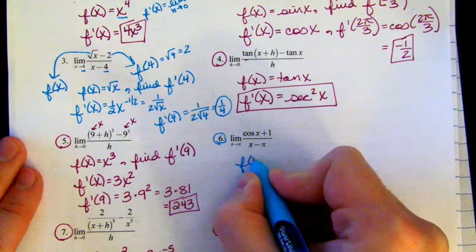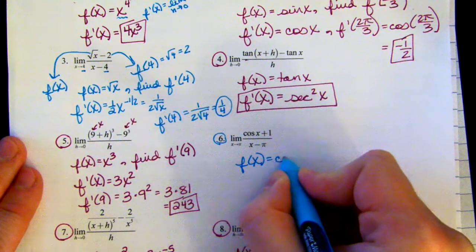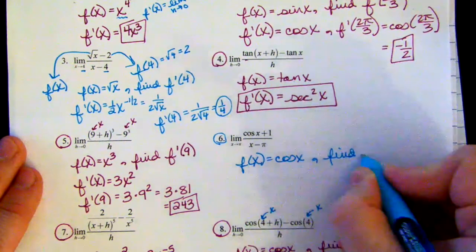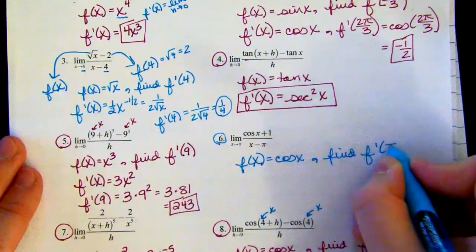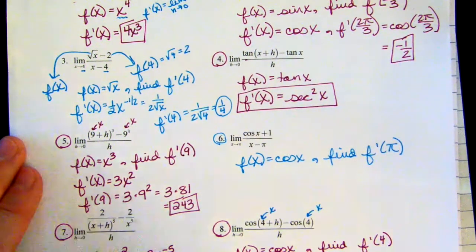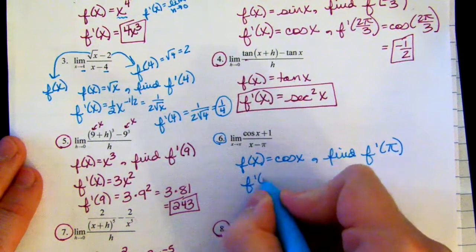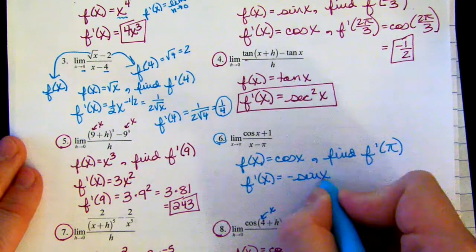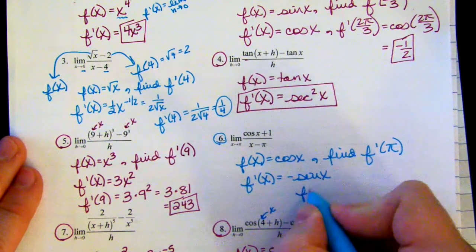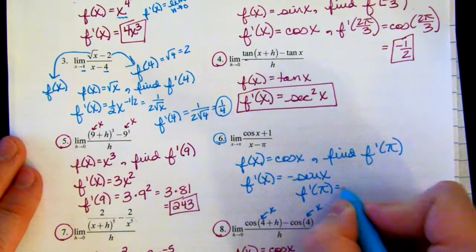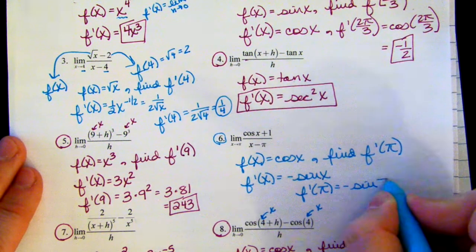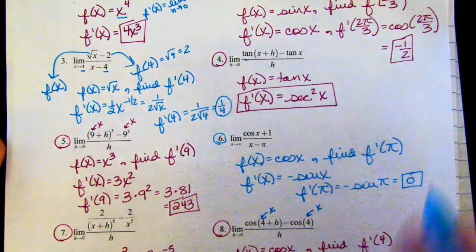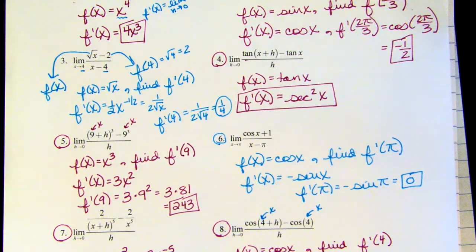Okay, so in 6, it's like saying f of x equals the cosine of x. Let's find f prime of pi. Well, f prime of x is going to equal negative sine x. F prime of pi, then, is going to be negative sine pi. Sine pi is 0, so negative that, still going to be 0.